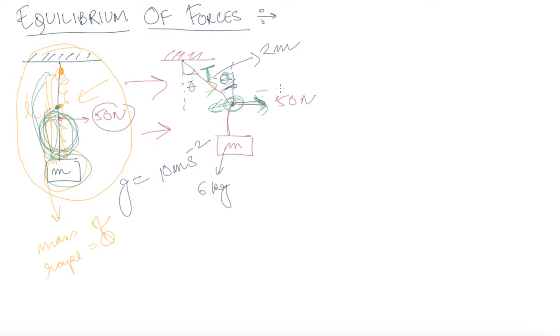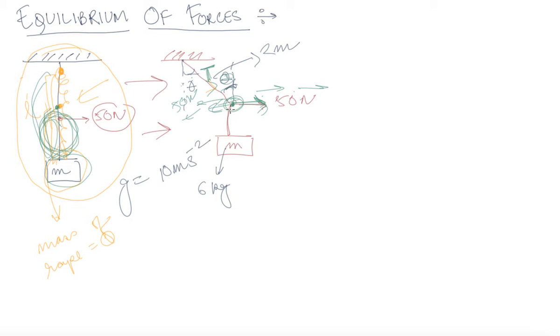That is, the force of 50 Newton going this way is being balanced by a force of another 50 Newton going in the opposite direction, and only then does the whole system come into equilibrium.